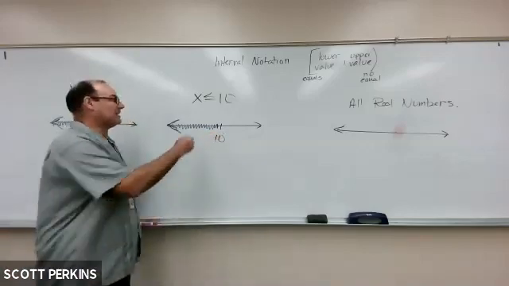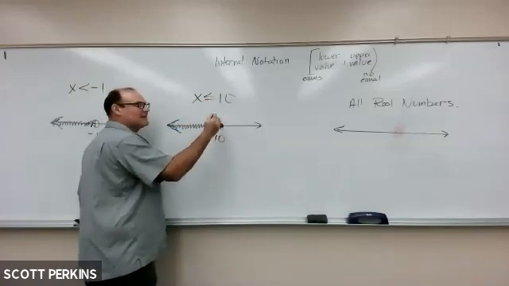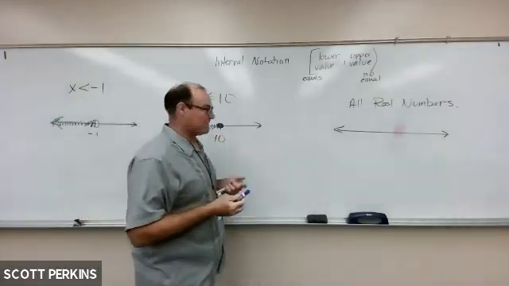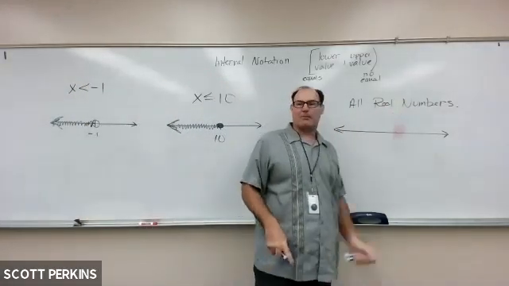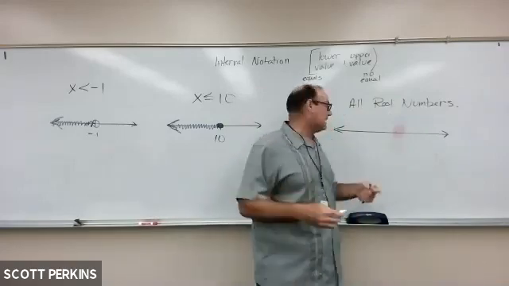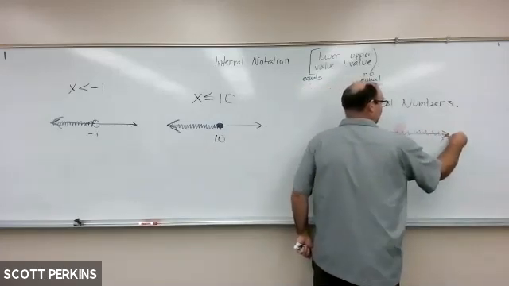I'm going to fill the circle in because there's the equal sign. Okay, that's information, that's telling me what to do. We'll come back, we're going to write these in intervals in just a minute. The last one, all real numbers, the graph of this, since it's everything, all real numbers means a whole number line. So I'm just going to shade the whole thing.